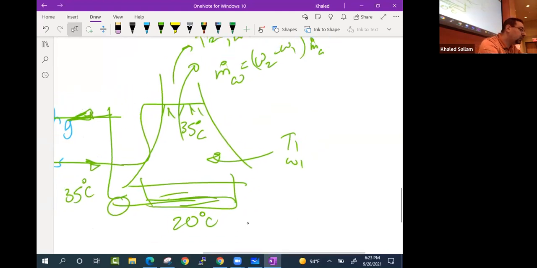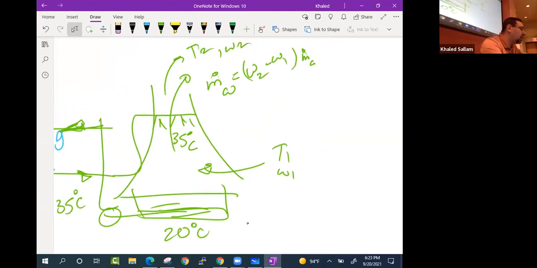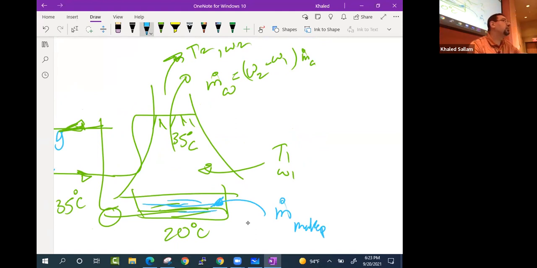And for that water to leave as this big cloud on top of the cooling tower, there has to be what? Makeup water, m dot makeup. So all that water that you are throwing away needs to be put back into the cooling water cycle, right?